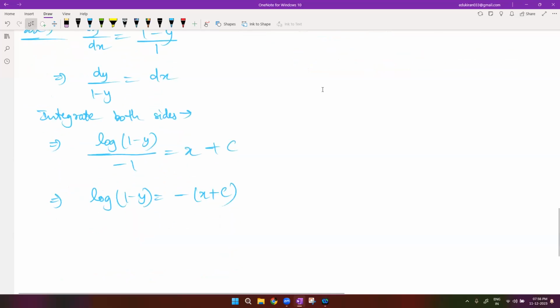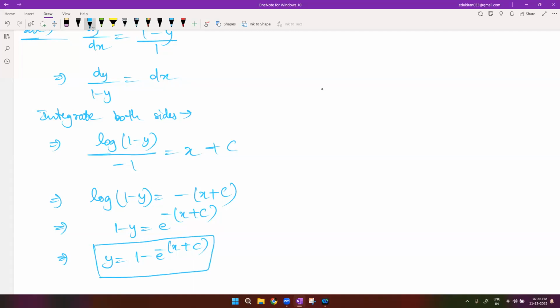Now I can convert this in the form of e also. So this will be 1 minus y is equal to e to the power minus of x plus c. So y is equal to, this can be the complete answer. This is also the right answer, but that is what I was telling Chavez, that we should always try to write y in terms of x.